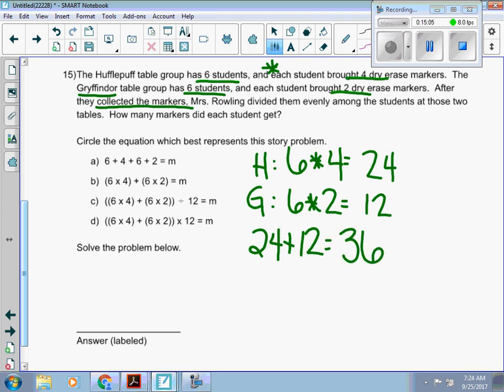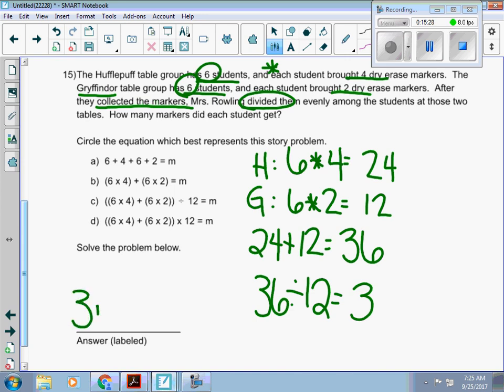Okay. Then Mrs. Rowling divided them evenly among the students. So I have 36 and I'm dividing them evenly among the students. Well, I have to go back and look. I had 6 students here and 6 students here. So I'm dividing it by the 12 total students. And I end up with 3. So I know that they each get 3 markers.